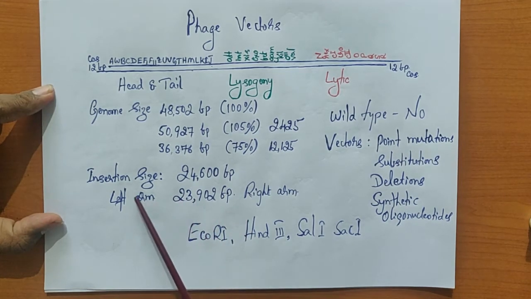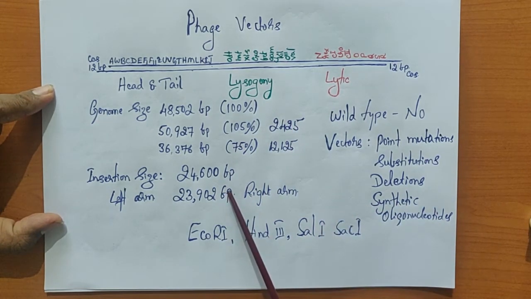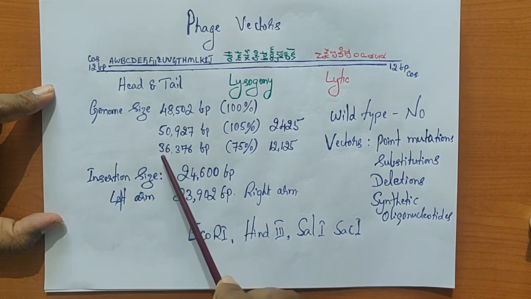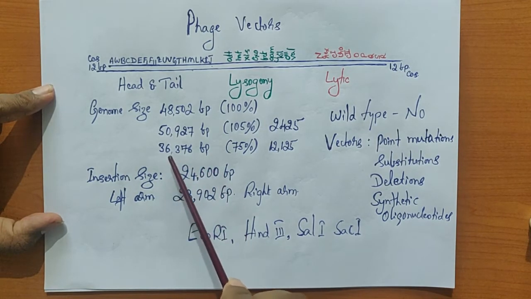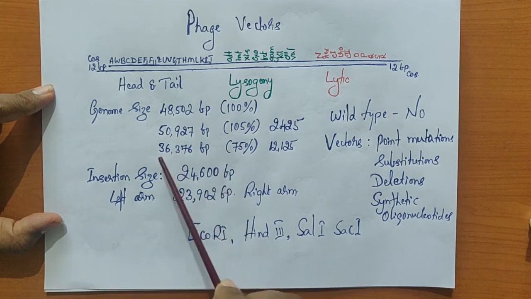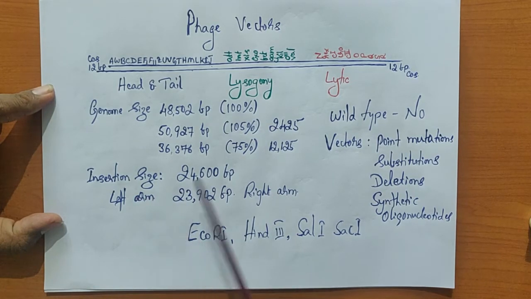Now, can these two arms join together as a vector? Can it get packaged? Definitely not, because the minimum size required is 36,376 base pair or 36.3 kilobase. So this vector with left arm and right arm cannot package.